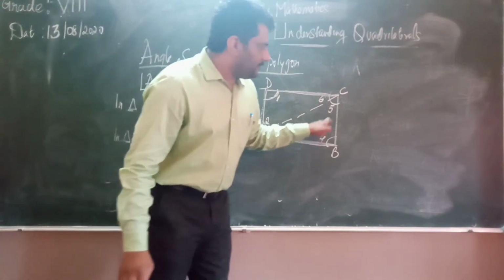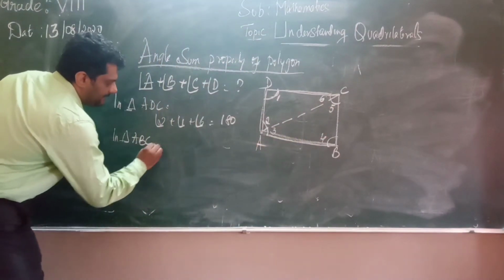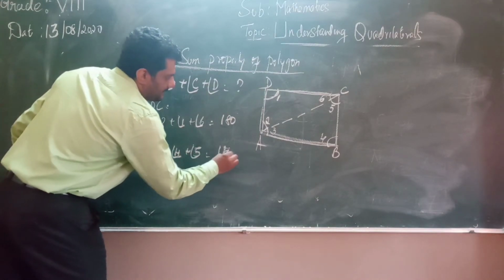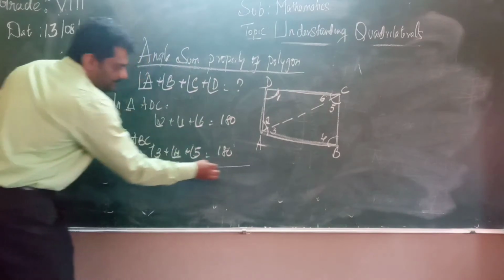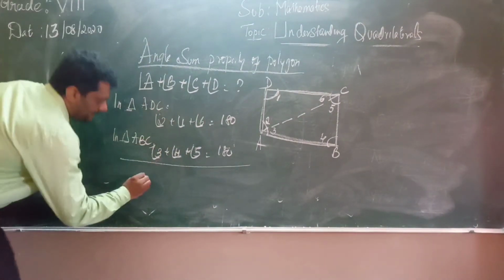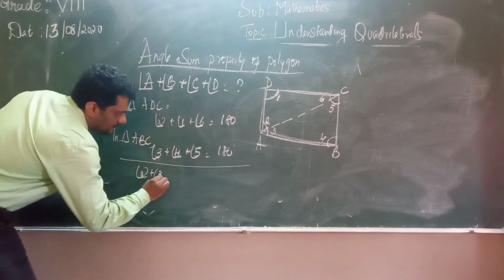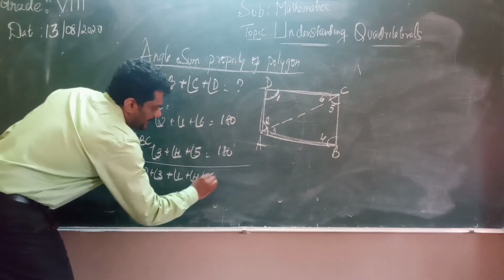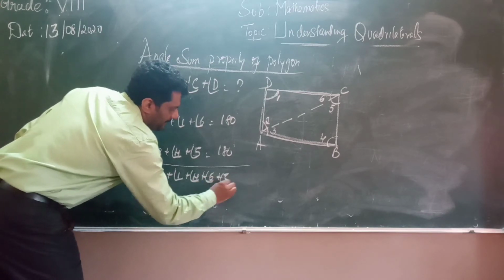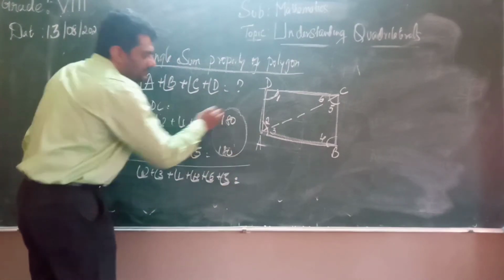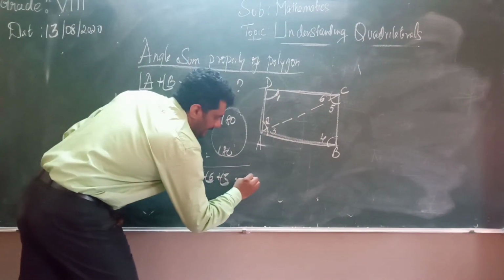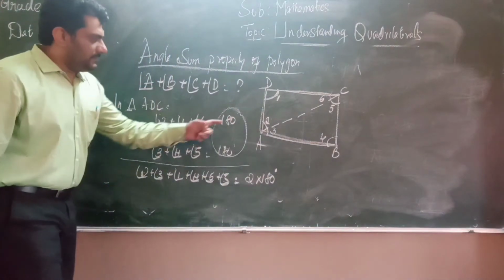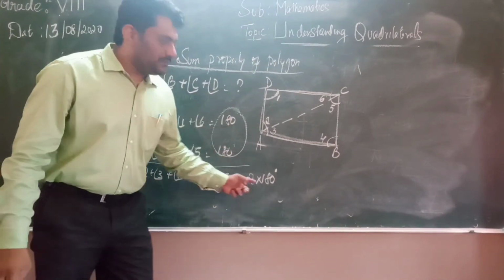Angle 3, angle 4, angle 5. Angle 3 plus angle 4 plus angle 5 is 180 degrees. Correct. We get angle 2 plus angle 3 plus angle 1 plus angle 4 plus angle 6 plus angle 5 is equal to, how much is this? Can I write 2 into 180 degrees? Is this correct? I have 180 and 180, so 2 into 180.